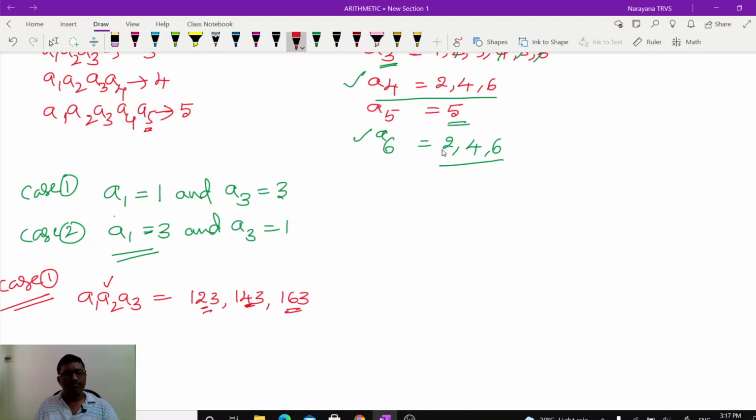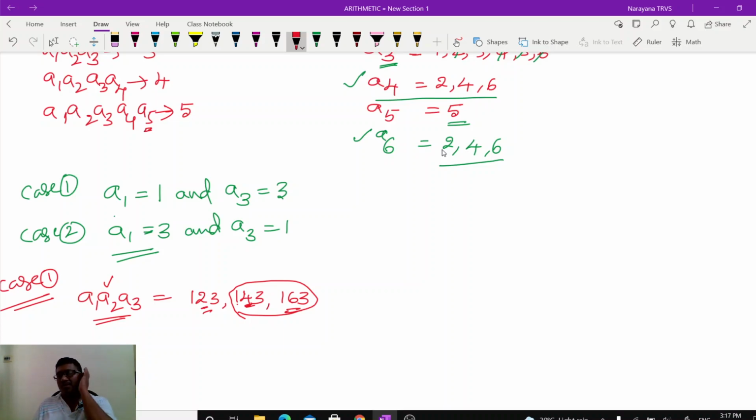So these are the possible numbers for a1, a2, a3, but clearly we can see that 1 plus 4 plus 3 is equal to 8, which is not divisible by 3, and 163 has a digit sum of 10, which is also not divisible by 3.